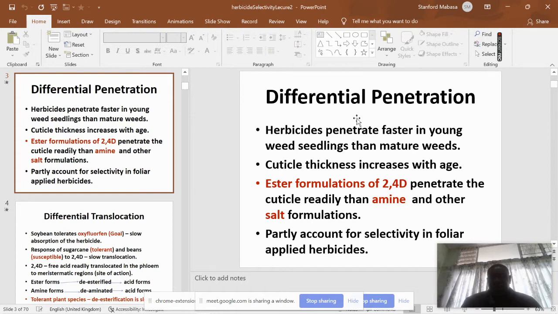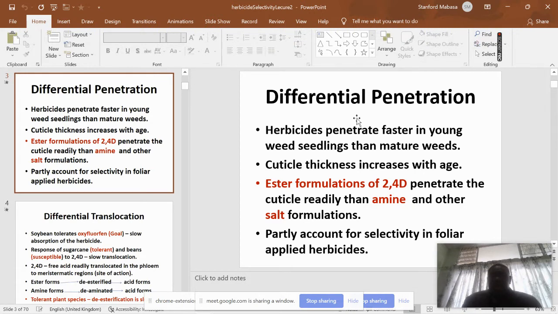For example, 2,4-D can penetrate the cuticle readily if it is in the form of an ester. In fact, if you look at 2,4-D herbicide, most of the formulations are esters to enable the herbicide to penetrate the weeds.